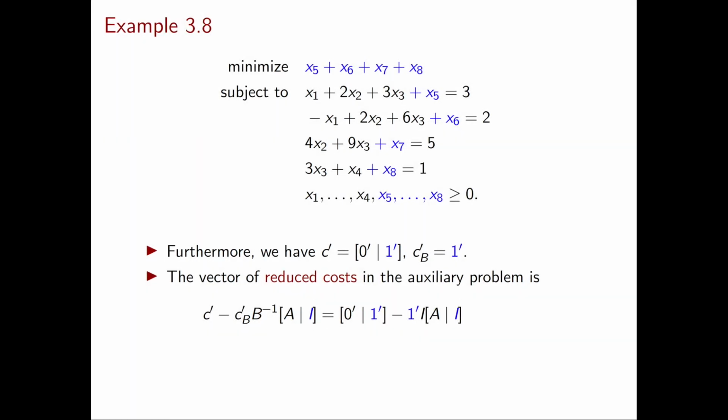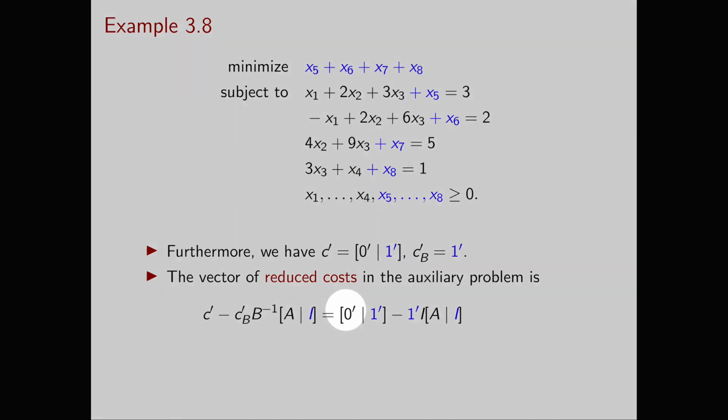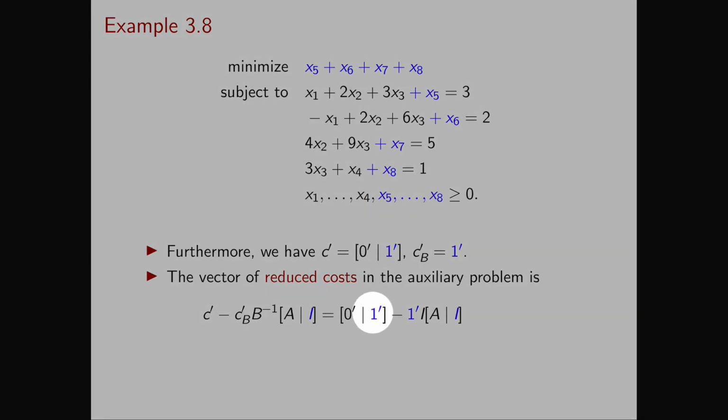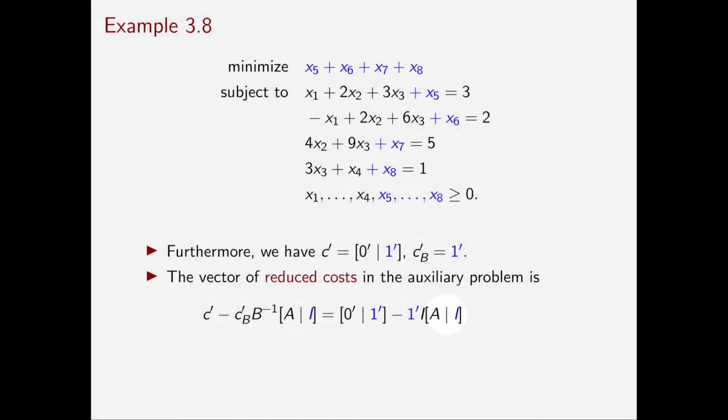We obtain that the vector of the reduced costs is 0 transpose, 1 transpose, minus 1 transpose times the inverse of B. Remember that B is the identity, so the inverse of B is also the identity. And finally, times A and the identity matrix.